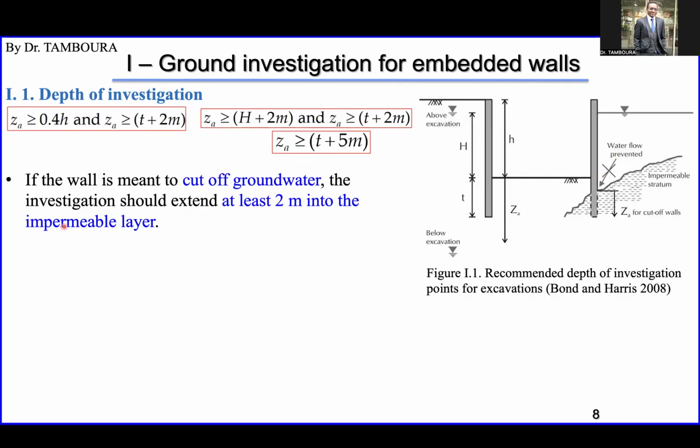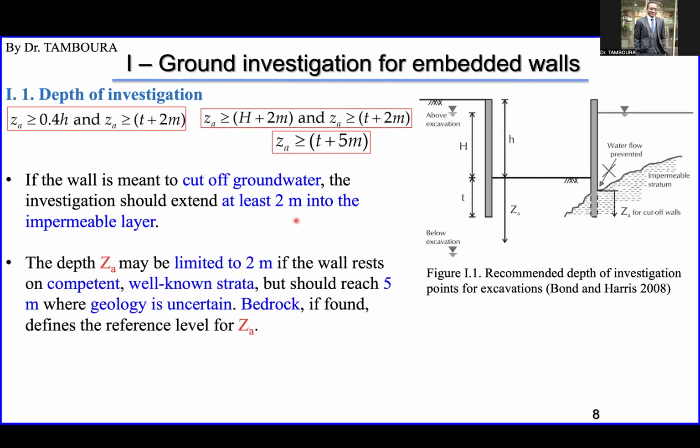So in that case, the investigation should extend at least 2 meter into the impermeable layer, because this layer is impermeable, you see. So the ZA here, in this case, should be at least 2 meter, from here to here in the rock.